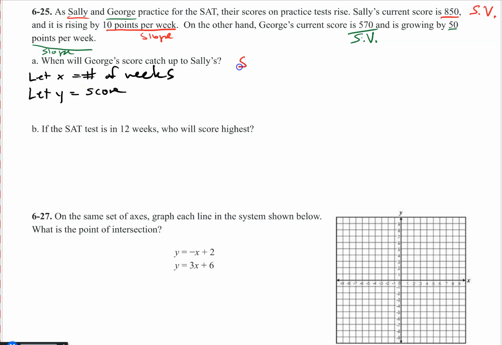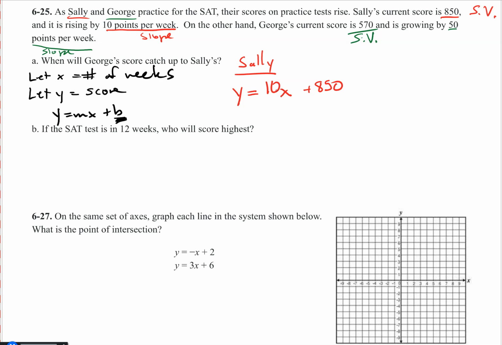So for Sally, her current score is 850, that's her starting value. I'm using y equals mx plus b here, so the b is the starting value. And for mx, the m is the slope or the growth, and she's growing by 10 points per week. So her equation is y equals 10x plus 850.